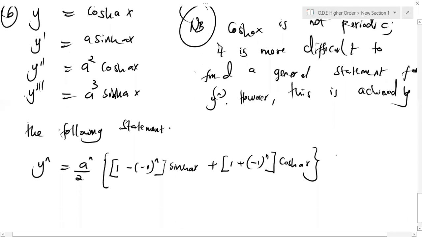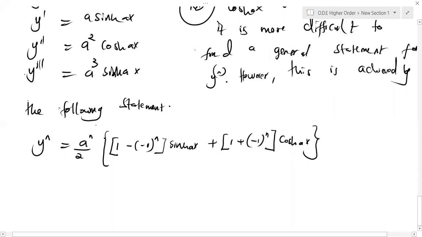Okay, so in a similar manner, if you're given, for example, y is equal to 1 over 9 cos hyperbolic 3x, then you're being told to get the value for y7. So following the formula, we have 1 over 9, a raised to power n. So our a is 3.